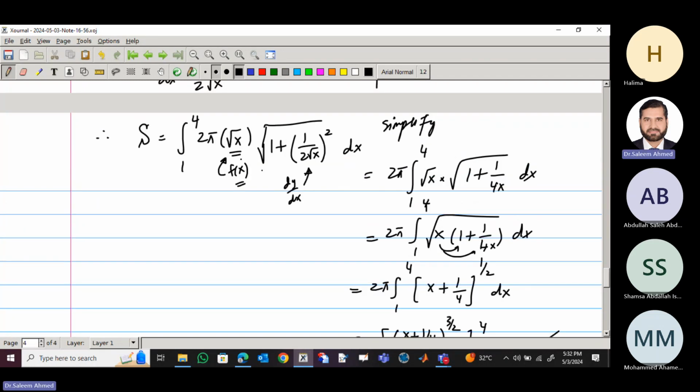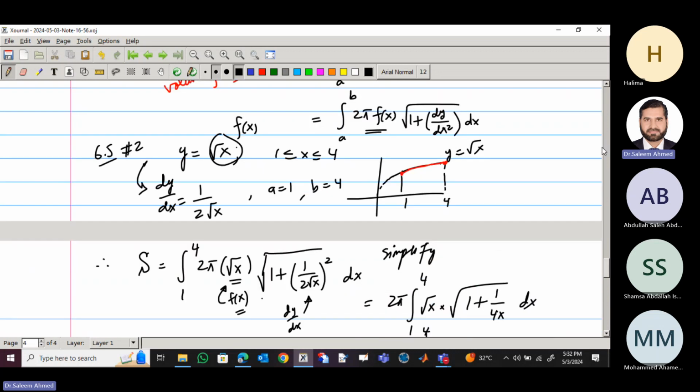So that's how you can use the formula. You should know which formula you have to use and how to find the unknown things in your formula. If this formula is written for surface of revolution, but you do not know what your f(x) is and what dy/dx is, then it's of no use.